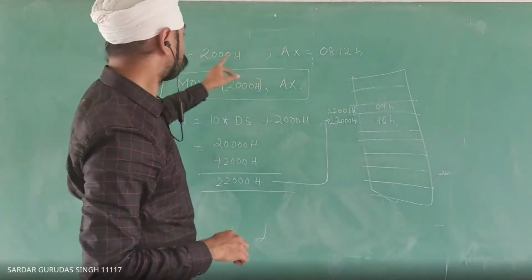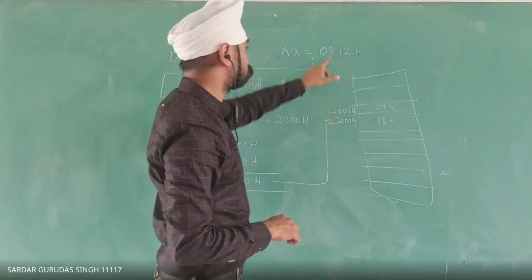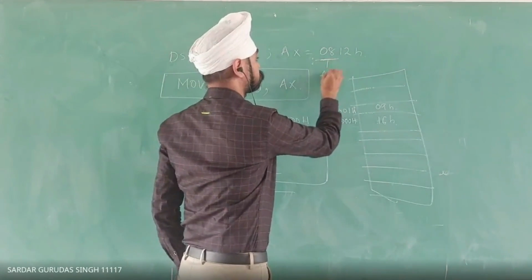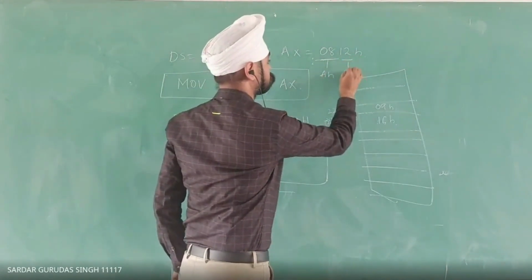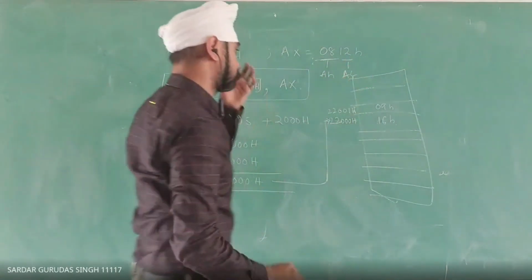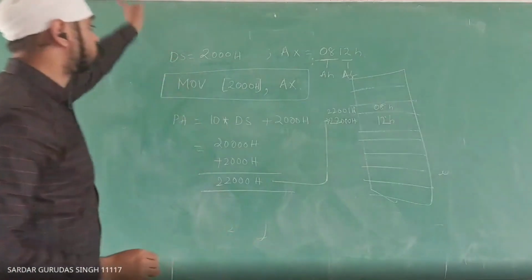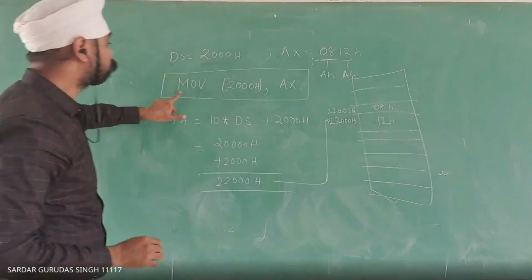So 08 and 12. 08 will be stored at lower address or higher address? At 22,000, what will be stored? How do we define this instruction?